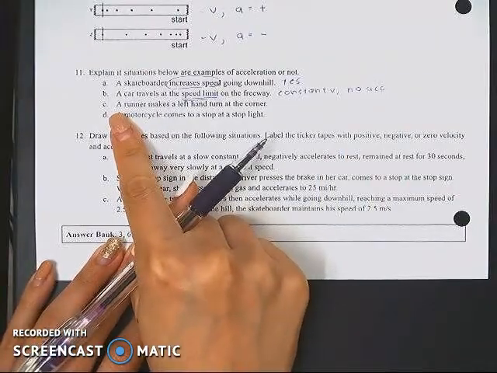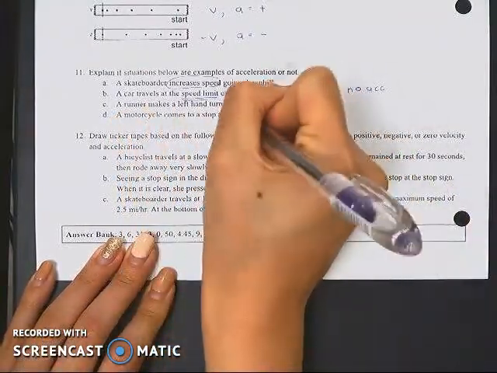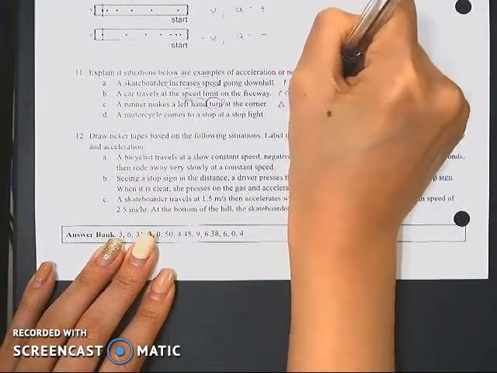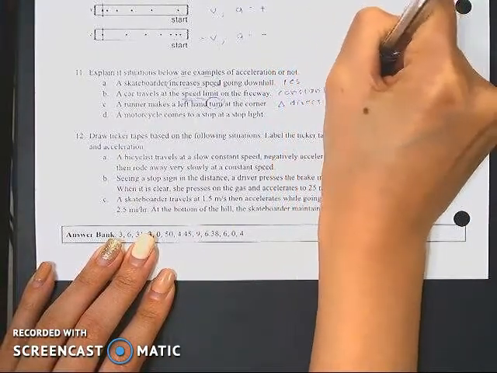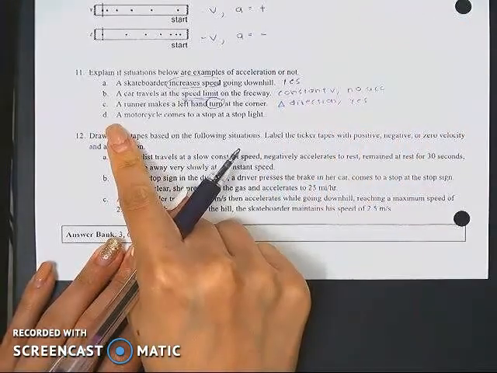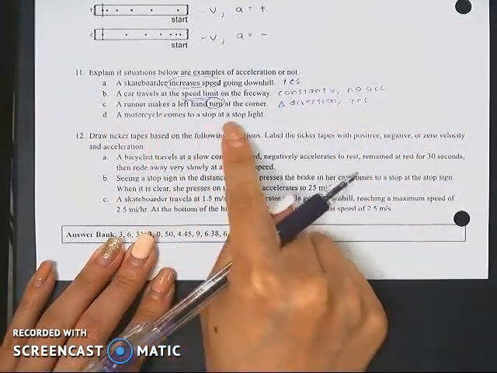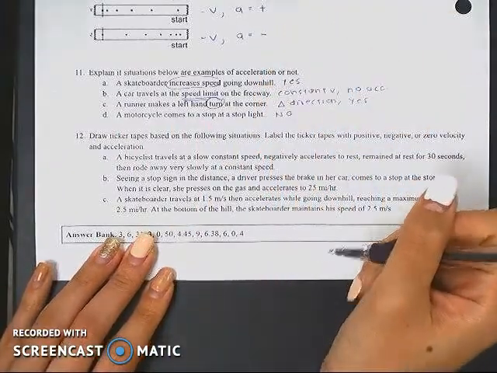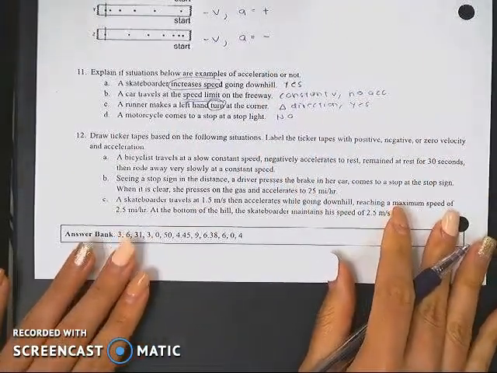C, a runner makes a left-hand turn at the corner. If you're turning, you're changing your direction, so yes, that is acceleration. Part D, a motorcycle comes to a stop at a stoplight. No, if you're just stopped at a stoplight, you're not accelerating.